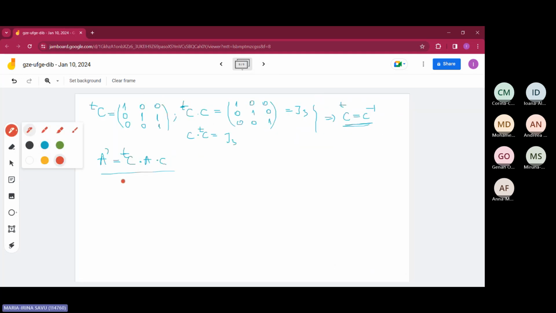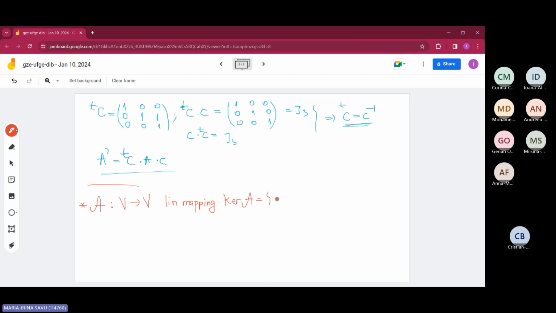But for linear mappings, if you have A defined on V with values in V, a linear mapping, you know that the kernel of A is made of all the X from V such that A of X is the zero vector of V. All the solutions of this equation.